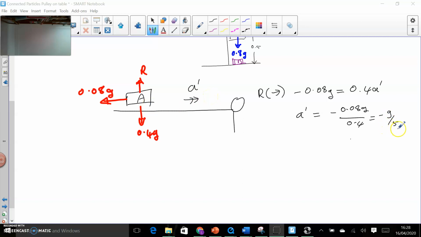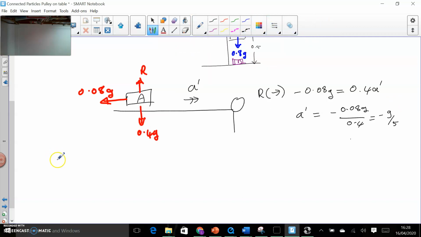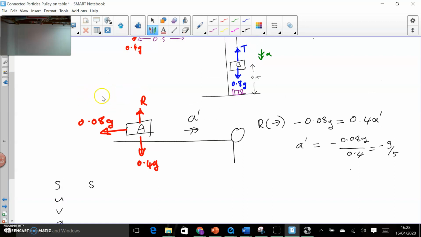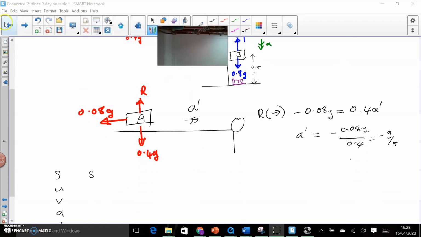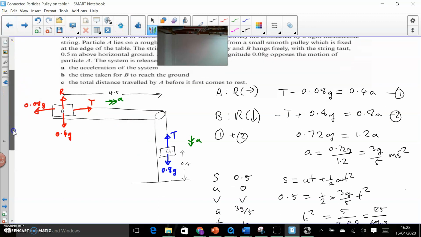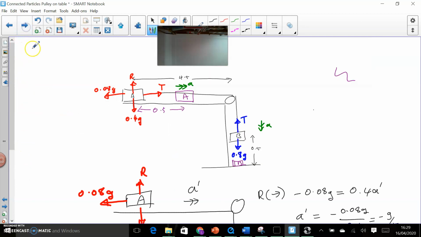So now we need to find how far A moves before it comes to rest. We have the new acceleration, it's constant, so as we always do with constant acceleration, we use SUVAT. Let's write down the new values. We're looking for S, we're looking for the displacement. The initial velocity was, if we remember, that's right, 7 over 5 root 3.